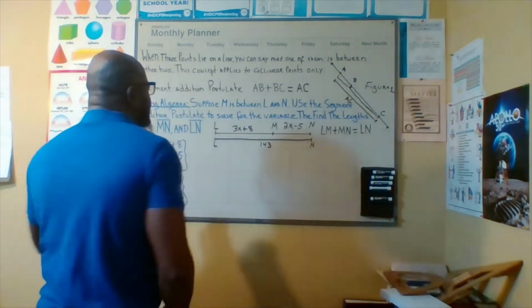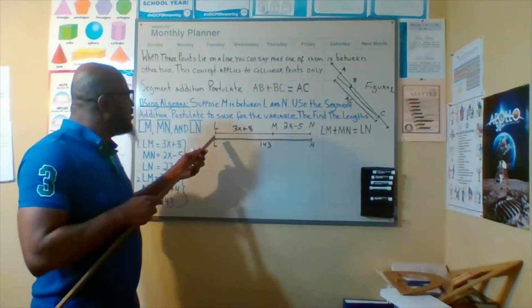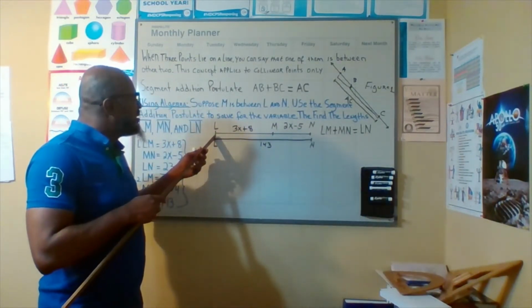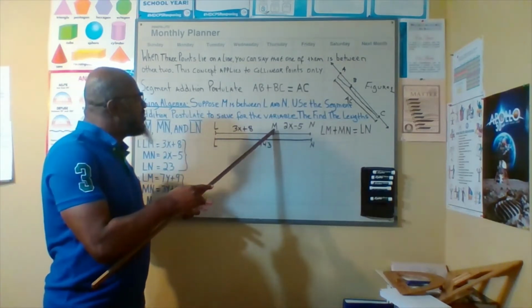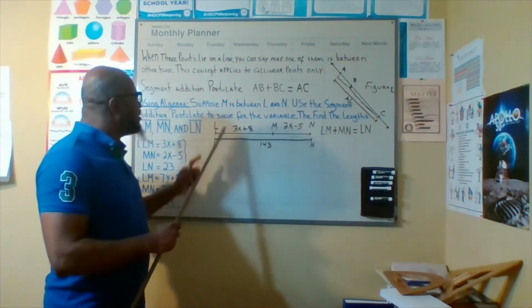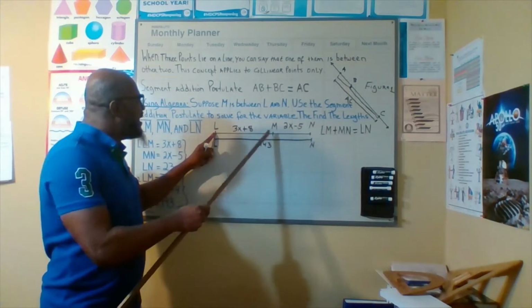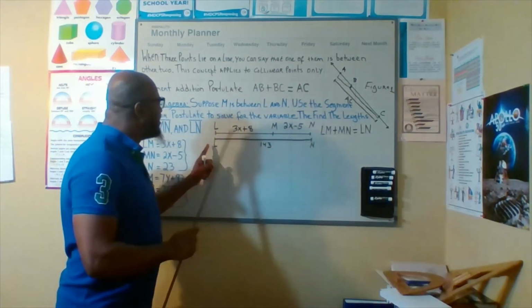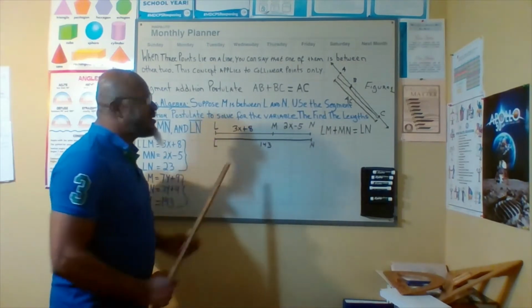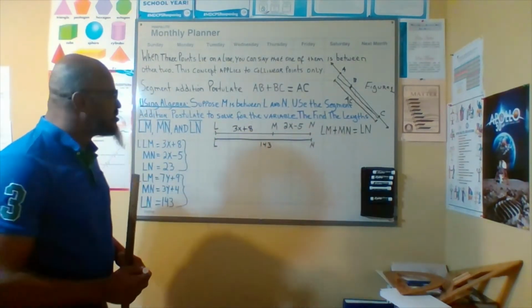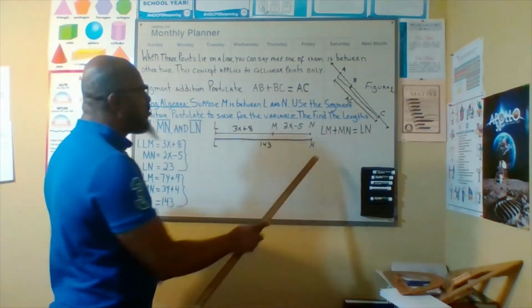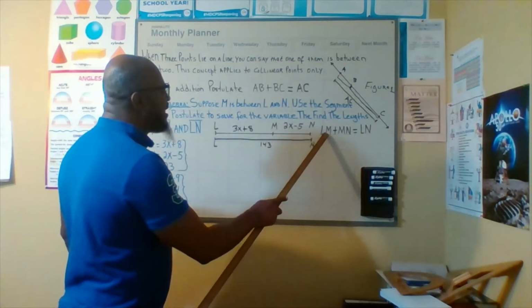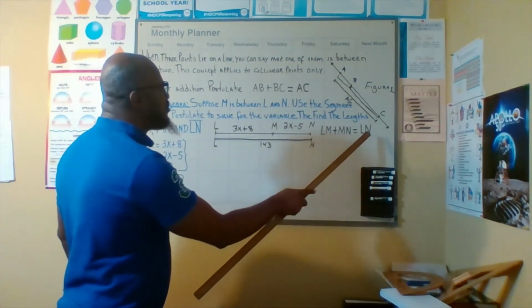In this case, we have point L, point M, and point N. So LM plus MN is equal to LN. Segment addition postulate. So we already have the equation right for us.